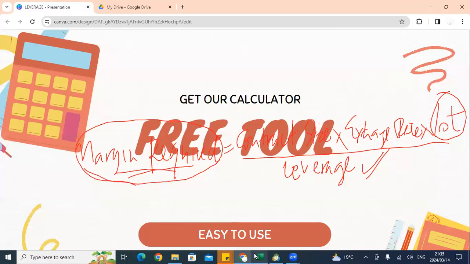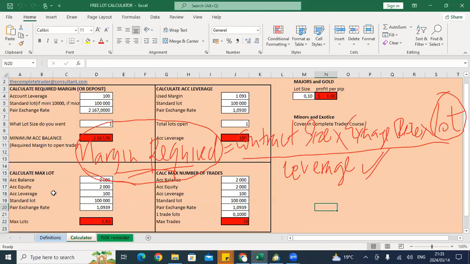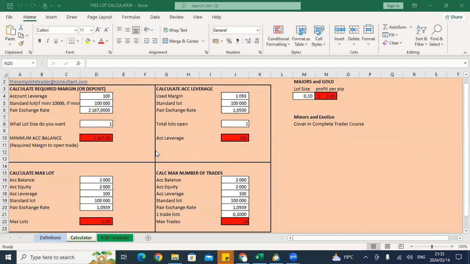Now this is the calculator that I've developed. Very easy to use item, not too difficult. Now what it does, it helps you calculate the required margin to open a particular trade.